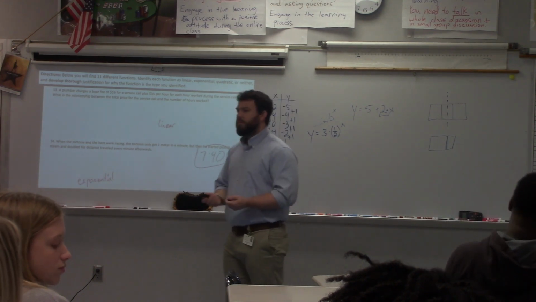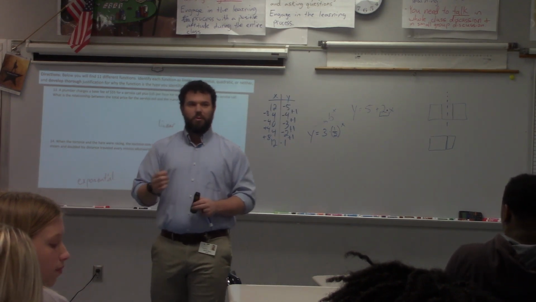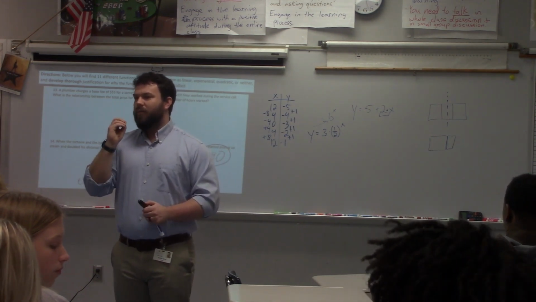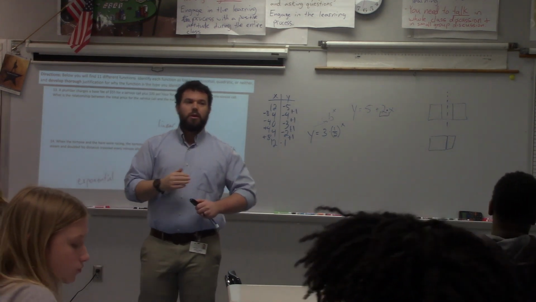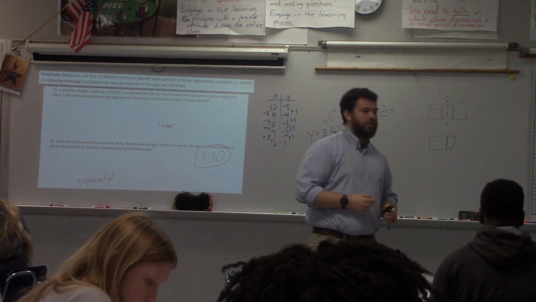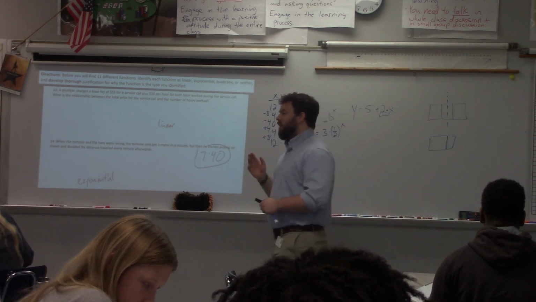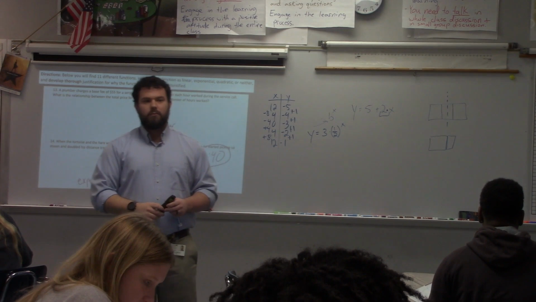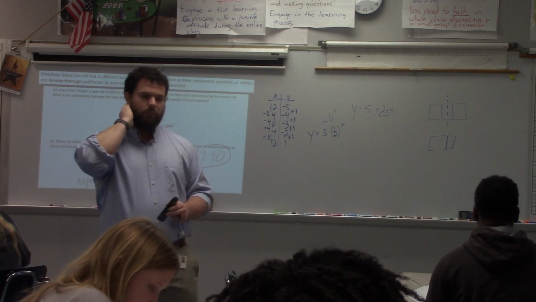So domain, what do we remember about domain? We need to clarify that term. There is a range too, but what is domain? So the domain is the set of all x values for a relation. I would probably define that. We're going to talk about how to identify the domain later, but M1-33, you've got to know that a domain is the set of all x values for a relation.